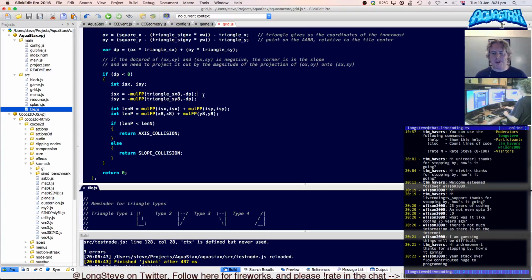I hope I'm speaking like I sound what I'm talking about. Past me obviously did. Future me is going to have to figure it out. So mul FP, we're not going to need that, but we have this. So we've got some arbitrary looking negatives in here.